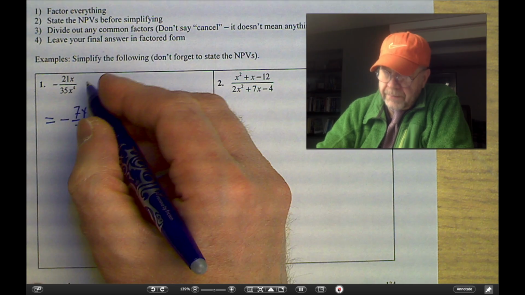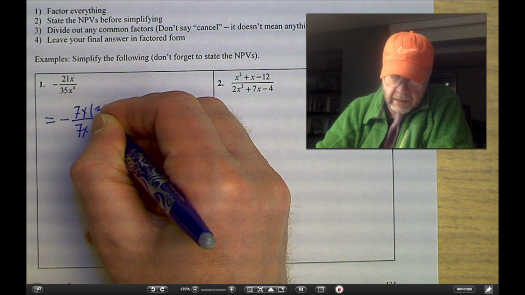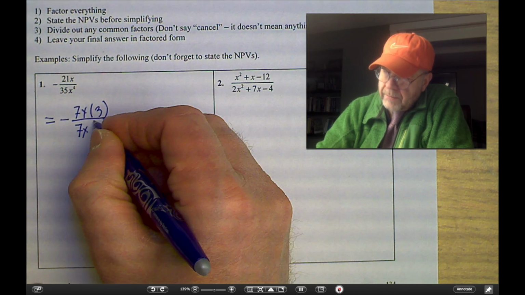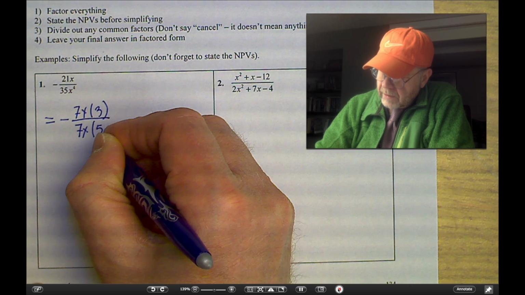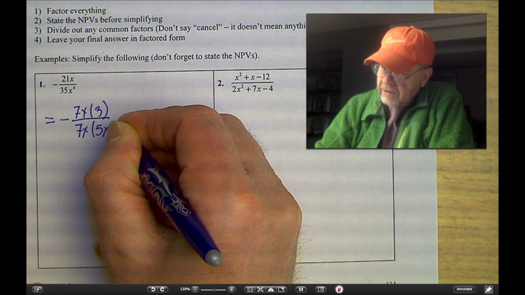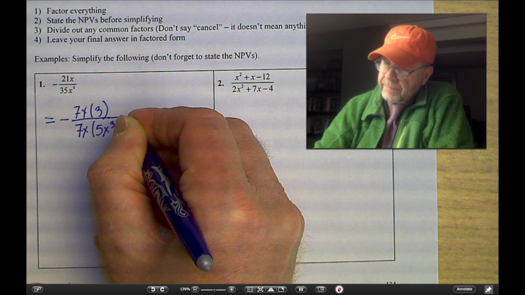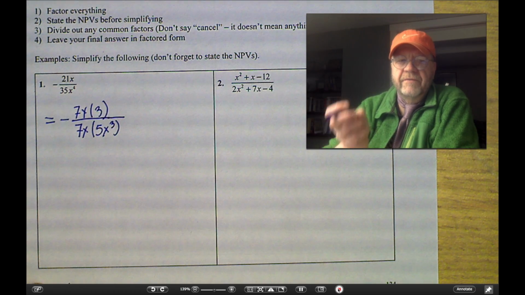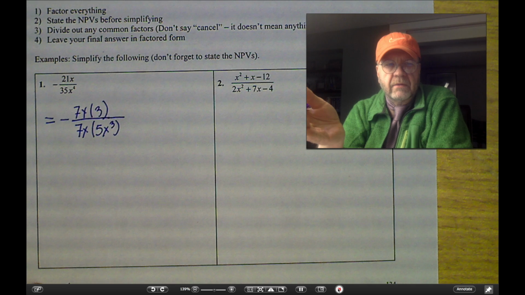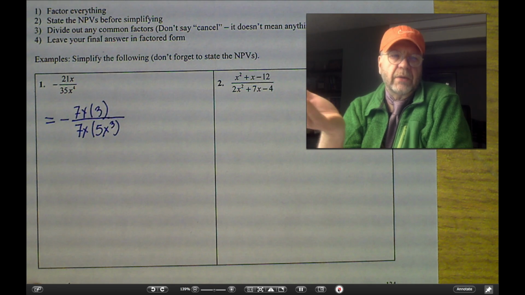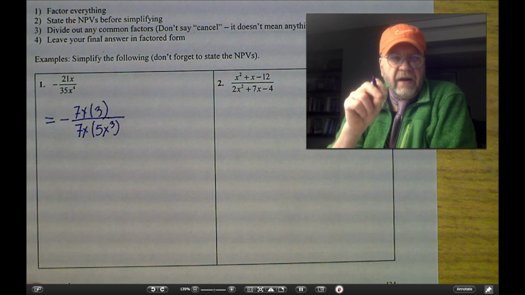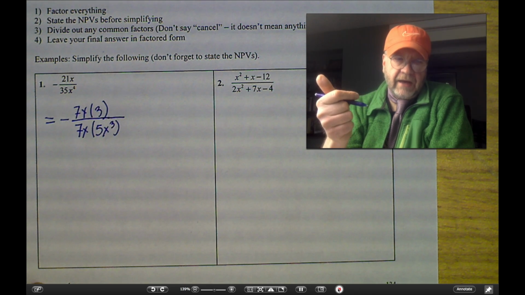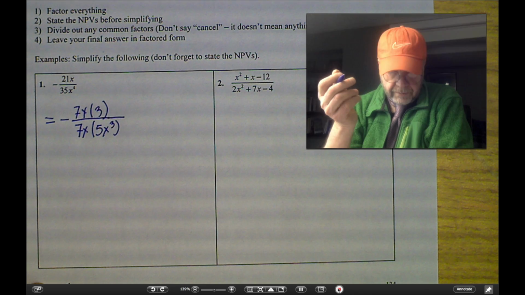On the top, you're going to be left with 3, and on the bottom, you're going to be left with 5x cubed. So I've just done a little bit of factoring of the top expression: 21x equals 3 times 7x. And on the bottom, 35x to the 4th equals 7x times 5x cubed.